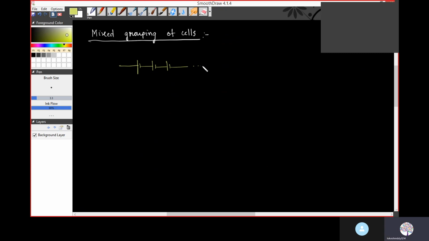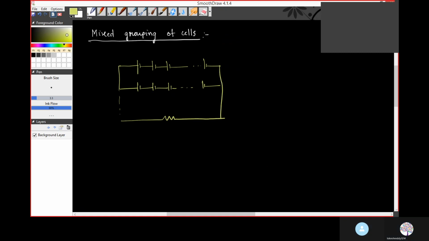Like this we take a second one, and so on. We have many rows like this, and then you have a resistance here.